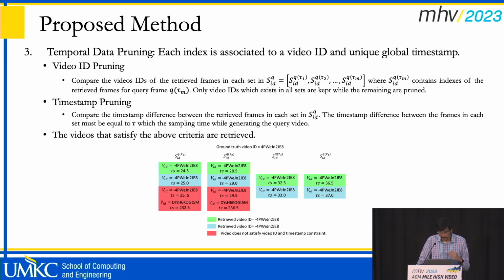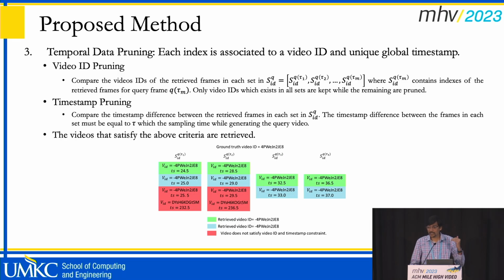A visual explanation is in the figure shown. You can see four columns. Each column represents the retrieved frames after pruning for each of the video frames. You can see the green boxes with the timestamps TS 24.5, then 28.5, then 32.5, 36.5.